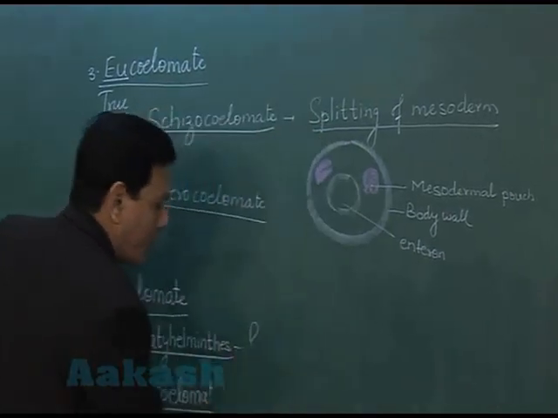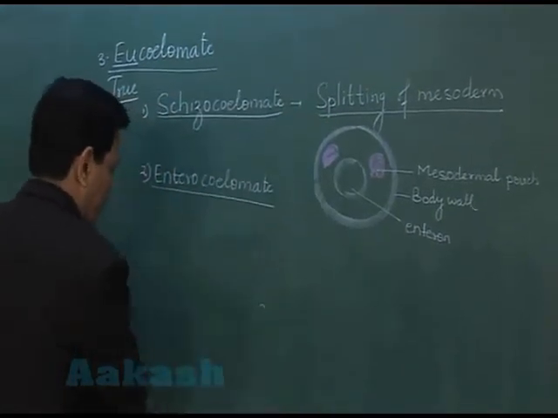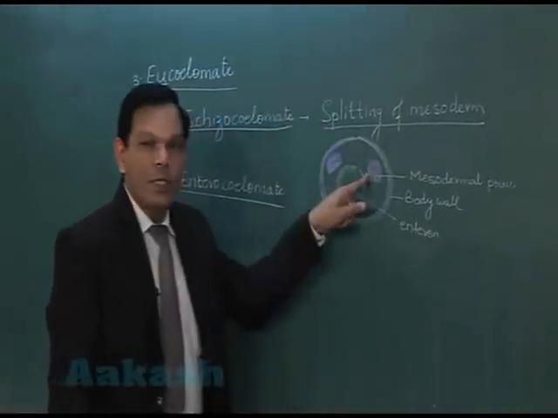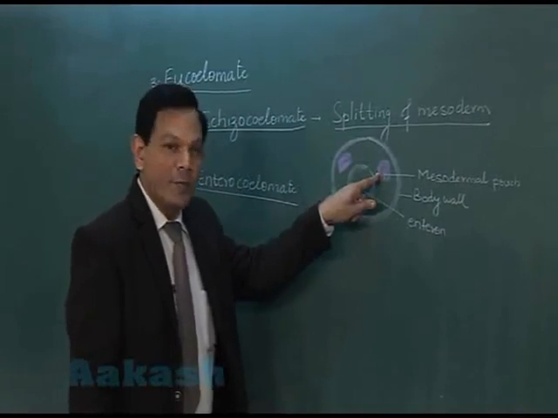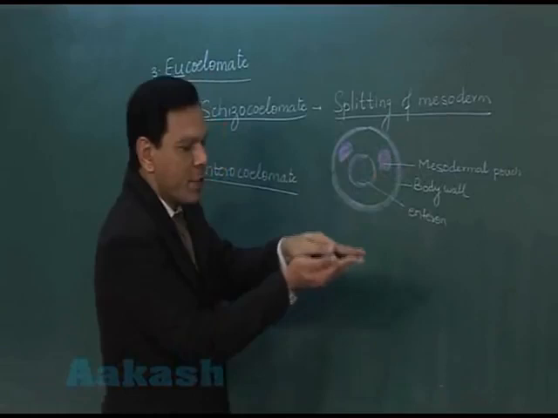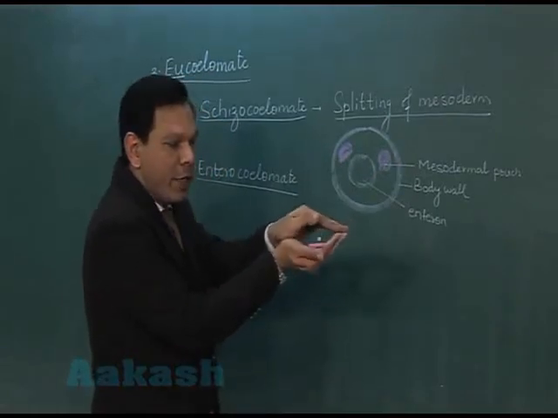Now, how will the coelom formation occur? As far as this mesodermal pouch is concerned, that is going to split. Splitting of mesoderm. And how is it going to split? Suppose this is the mesoderm pouch and it is going to split like this.